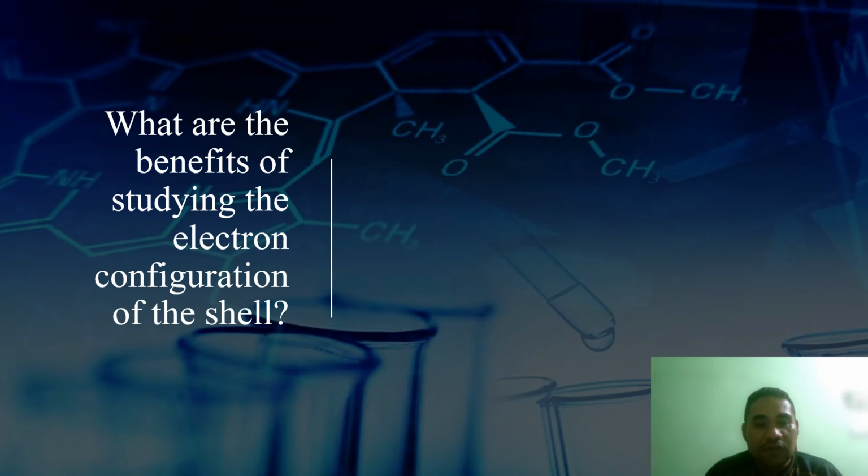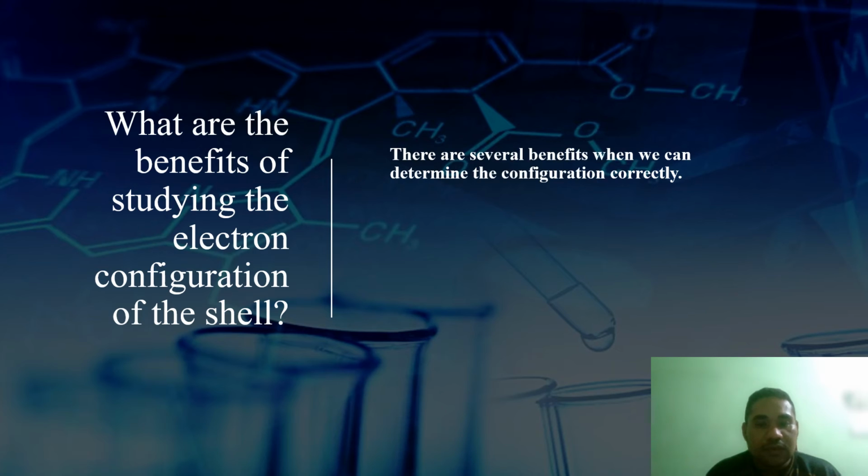What are the benefits of studying the electron configuration of the shell? There are several benefits when we can determine the configuration correctly. We can know the location of the electrons in the atom.